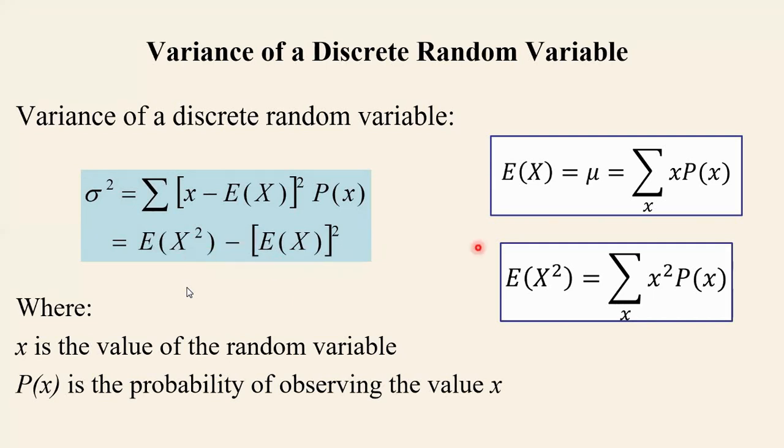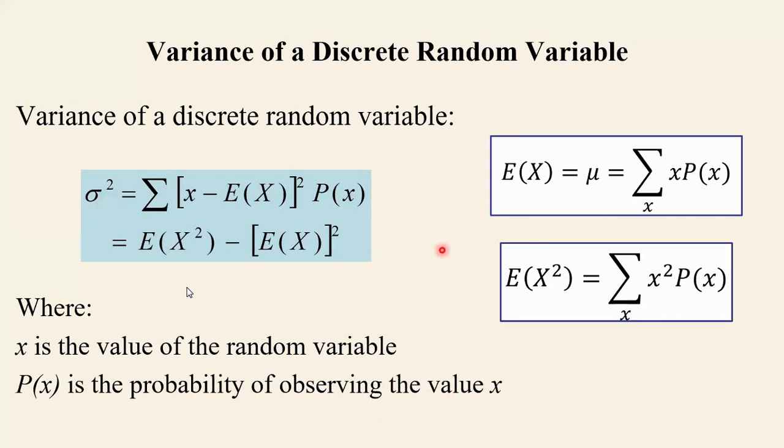So now we know that expected value of x, that is actually mu, is calculated by this formula. Similarly, here we have to calculate expected value of x squared. So instead of x, we have x squared: summation of x squared times probability of x. Here x is the value of the random variable and probability of x is the probability of observing the value x.